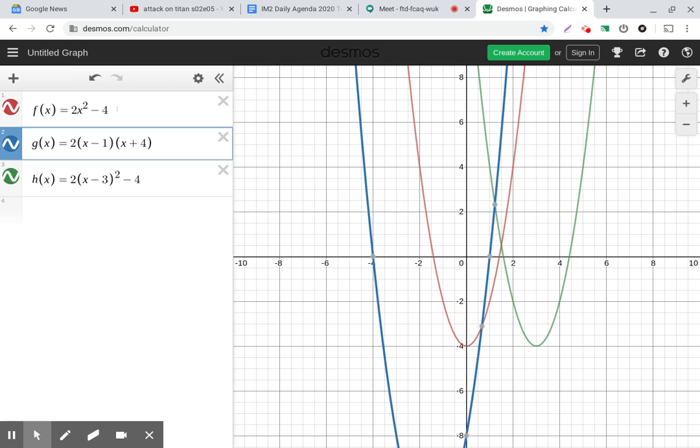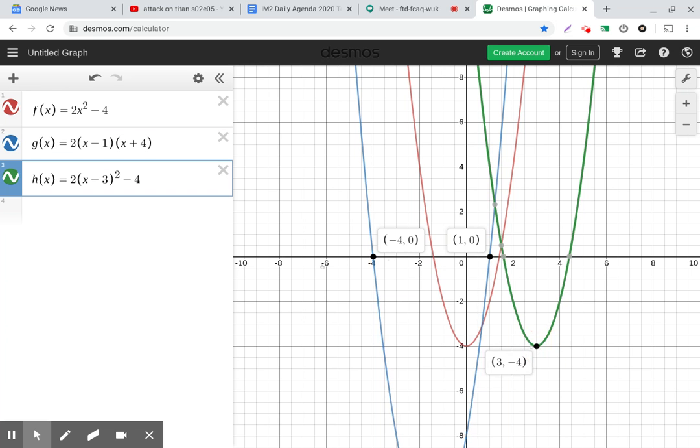I can't tell the vertex of F by looking at it. Is it G? I can't tell the vertex by looking at it. I can tell the x-intercepts, which are going to be 1 and -4. So it's got to be H, right? H, the green one, the vertex is 3, -4. If you look at my graph, it is 3, -4. So the green one is in vertex form.